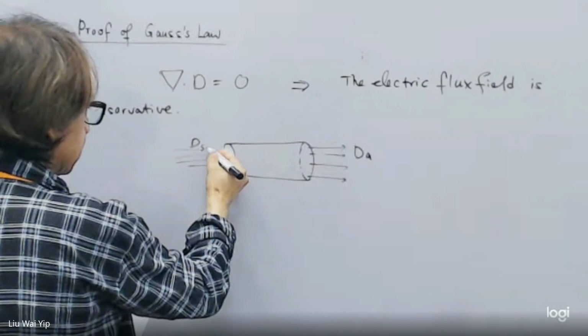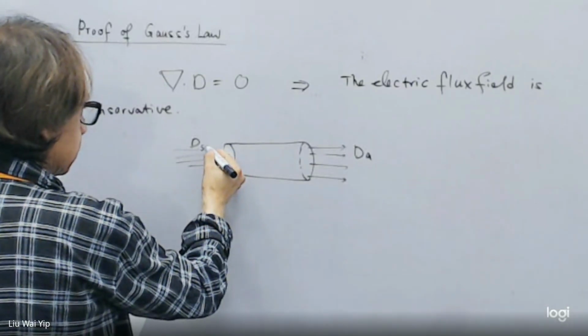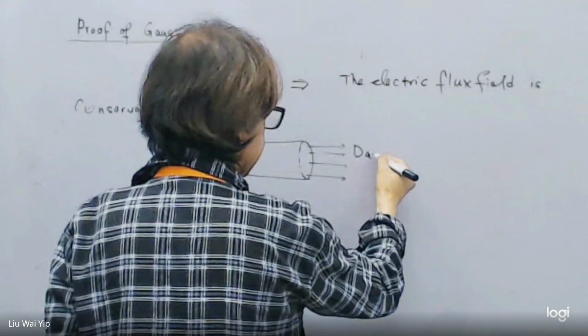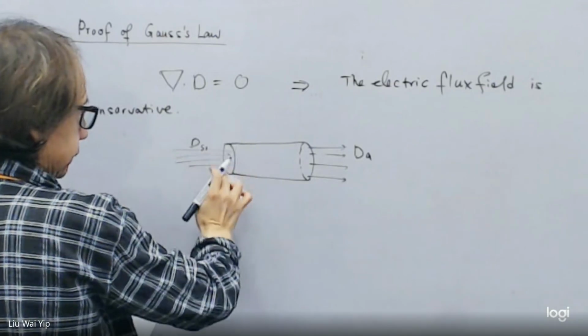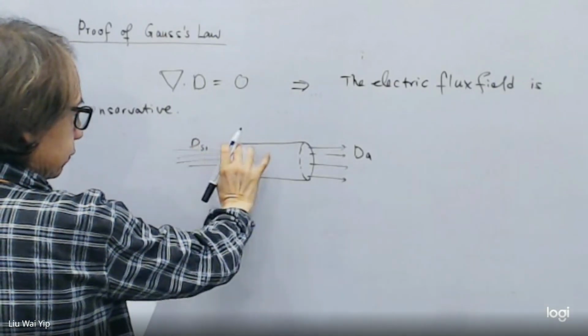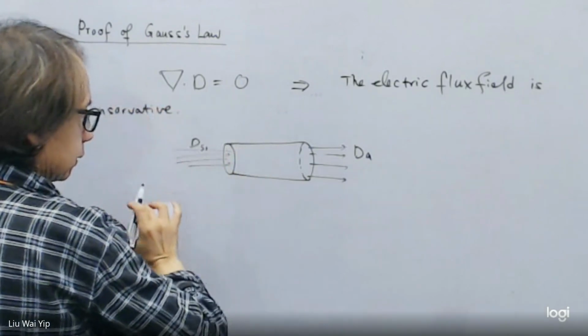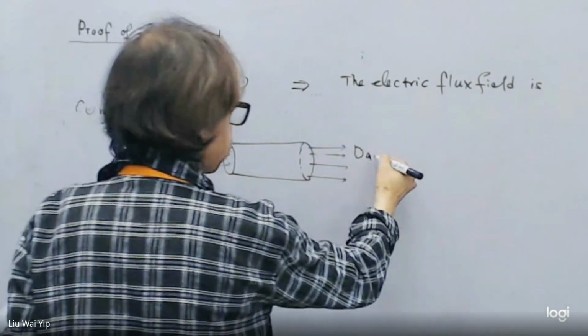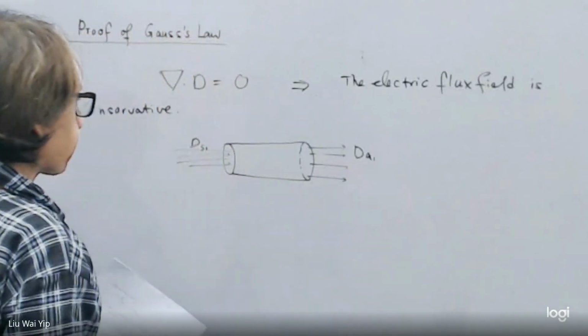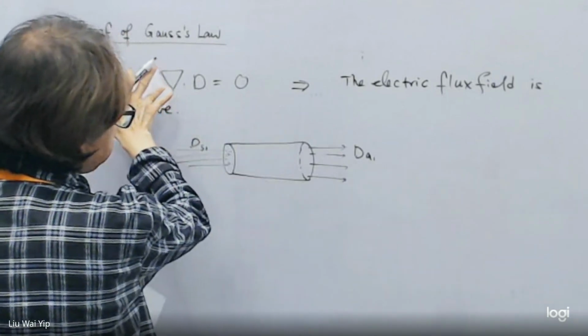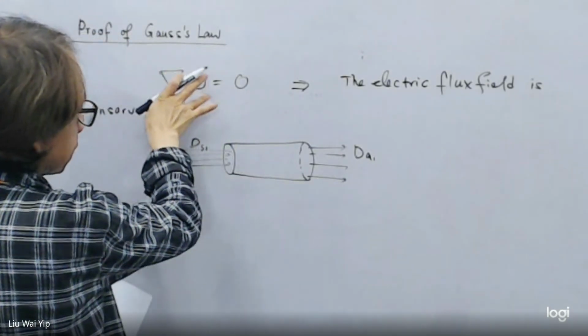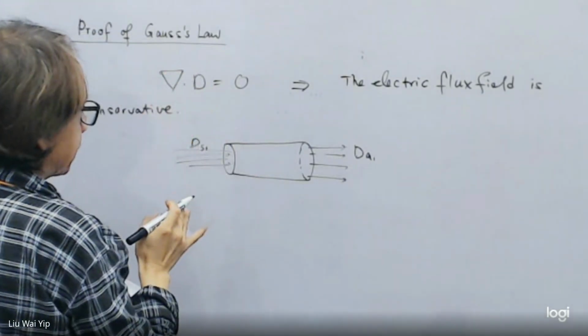Say, for example, this is DS1, which represents the flux going through this cross section. So under this condition, divergence of D must be 0.